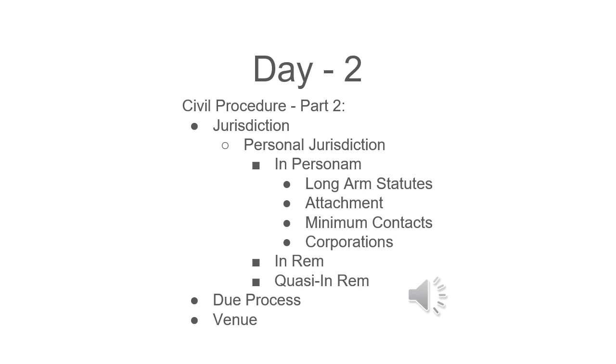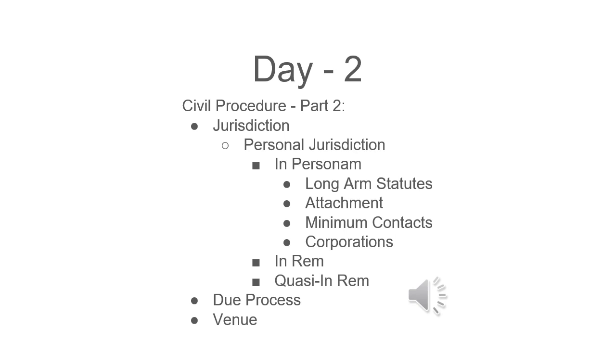A bit more about personal jurisdiction in rem. Again, this is against real and/or personal property. It affects and/or extinguishes all parties' interests in the property. Examples: eminent domain. Due process requirements of notice must be reasonably calculated. Personal jurisdiction and quasi in rem, again against real and/or personal property, affects and/or extinguishes only interests of the named defendant.